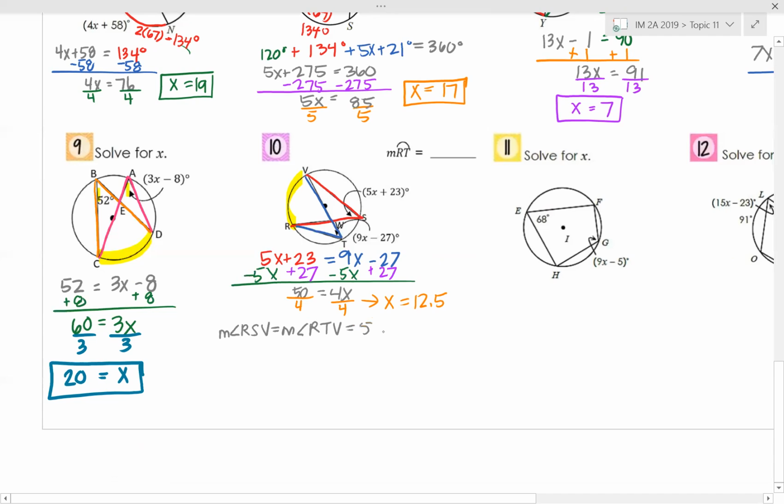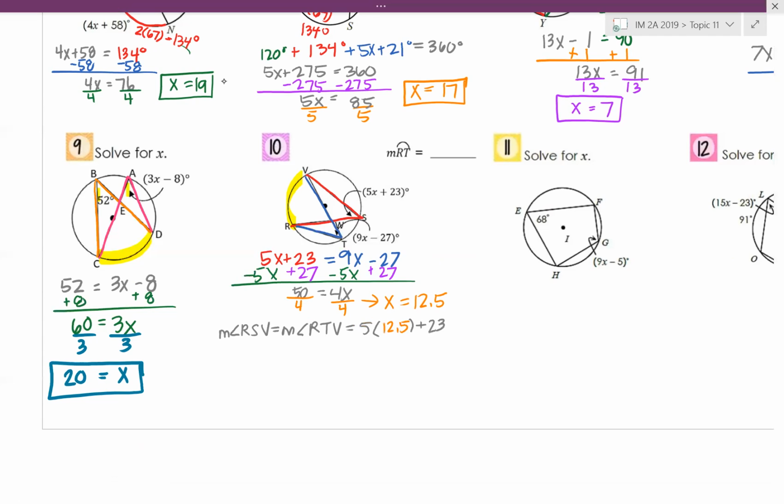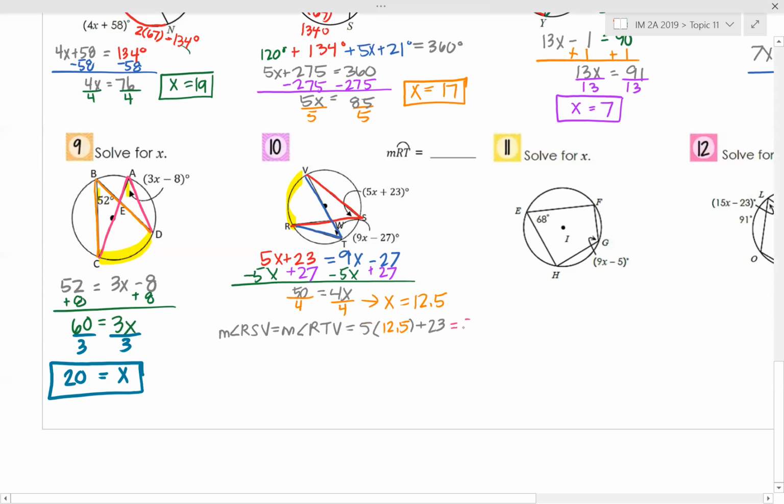So 5 times 12.5 plus 23 is going to give me the measure of both of those angles. By plugging that value in, those angles measure 85.5 degrees. So each of these are 85.5.